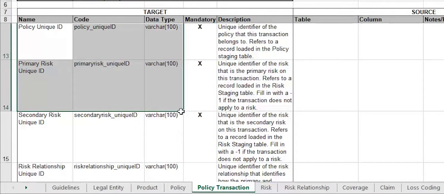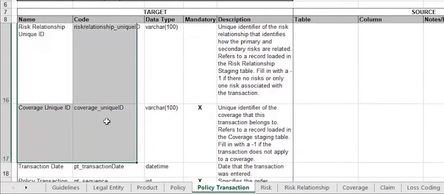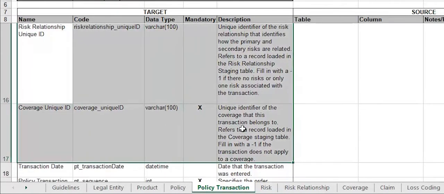In rows 13 to 15, we have the Policy Unique ID, the Primary Risk Unique ID, and the Secondary Risk Unique ID. You probably won't use the Secondary Risk ID, however, we do ask that you send a negative one if you are not using it. Rows 16 and 17 cover the risk relationship and coverage unique IDs.